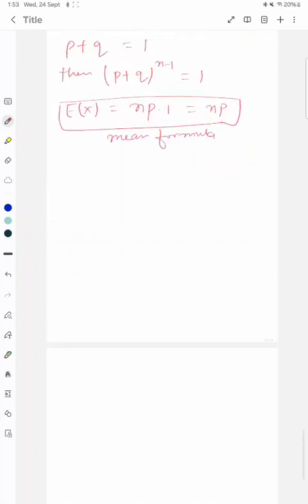Now we'll see how to find the variance of binomial distribution.